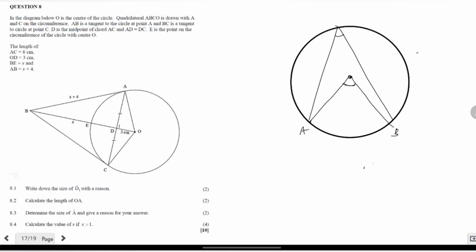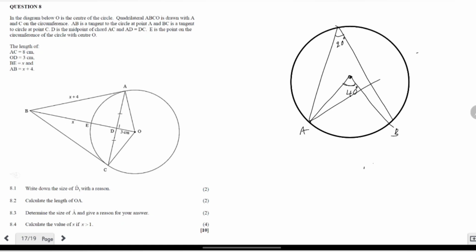What is the relation? They are double; the angle at the center is always bigger. If this one is 20 degrees, then this must be 40 degrees. Angle at the center is equal to 2 times the angle at the circle. This is also very important.